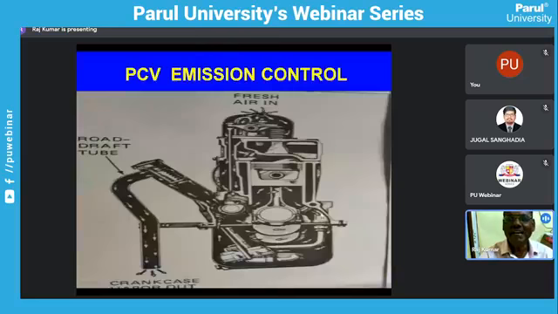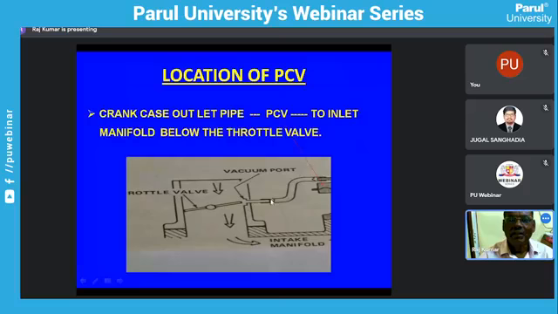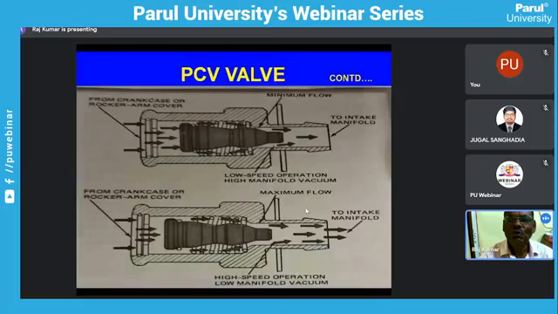As we have seen here, this is a passage which is connected to the inlet manifold. At starting, when the throttle valve is closed, most of the vacuum is felt here at the PCV valve. Maximum vacuum is there, so the valve is pulled toward the right. So from the crankcase, less mixture will be going to the induction manifold.